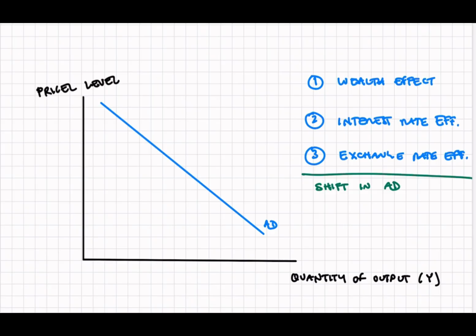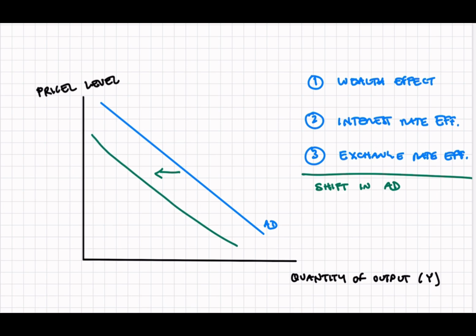So if I expect the future to be more grim, or the future to be more uncertain, that might lead me to want to consume less today and save more for tomorrow. Well, then if I reduce my consumption, that would cause a specific shift left in the aggregate demand curve.